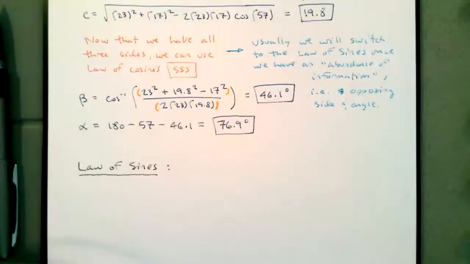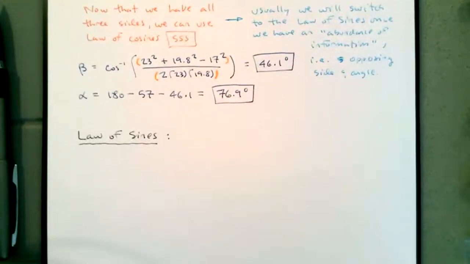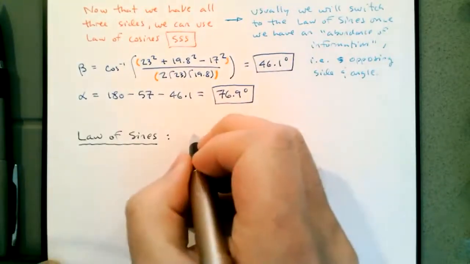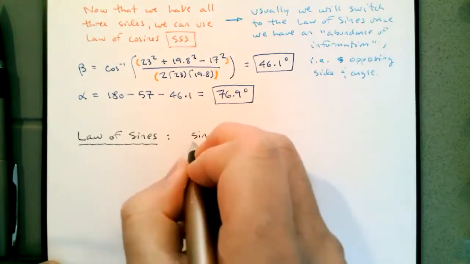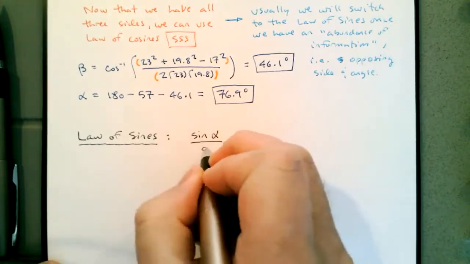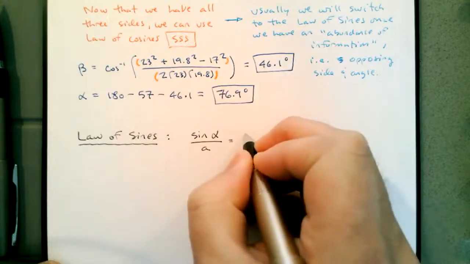The law of sines states the following. Same triangle, alpha opposite A, beta opposite B, gamma opposite C. The law of sines says that the ratio of the sine of an angle to the side opposite that angle in any triangle is constant.